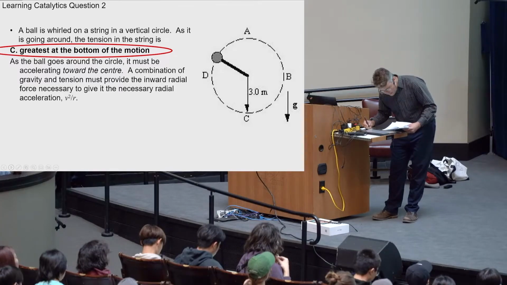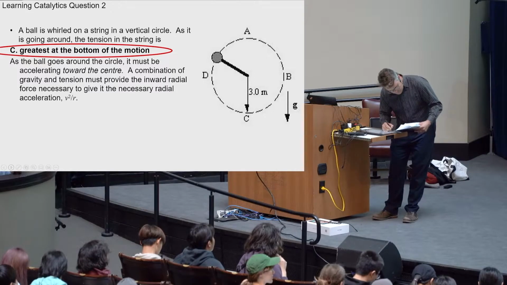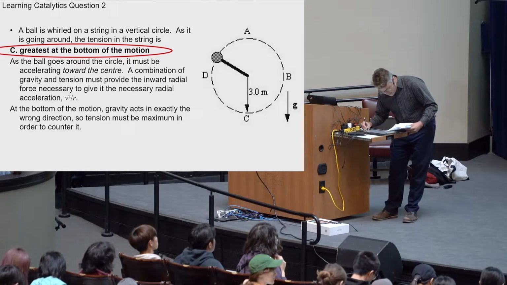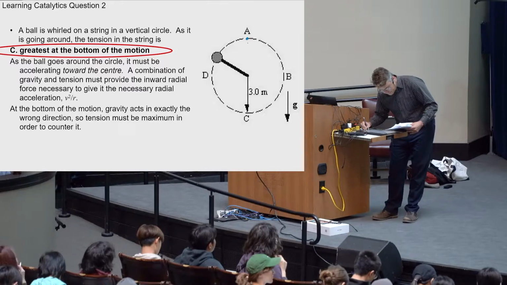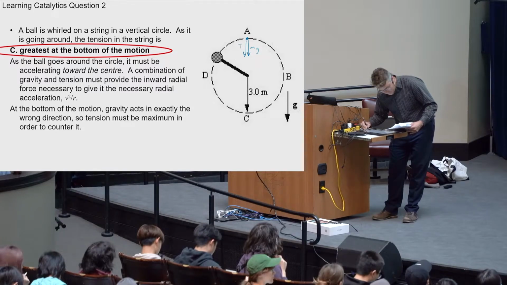So let's think about it up here, for example. At point A, what have you got? You've got mg acting down, and you've got tension acting down.